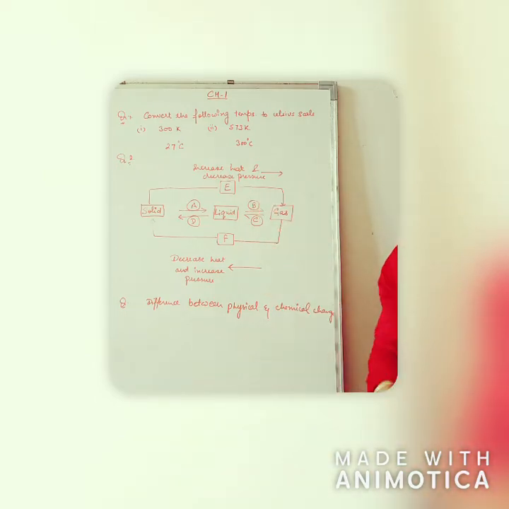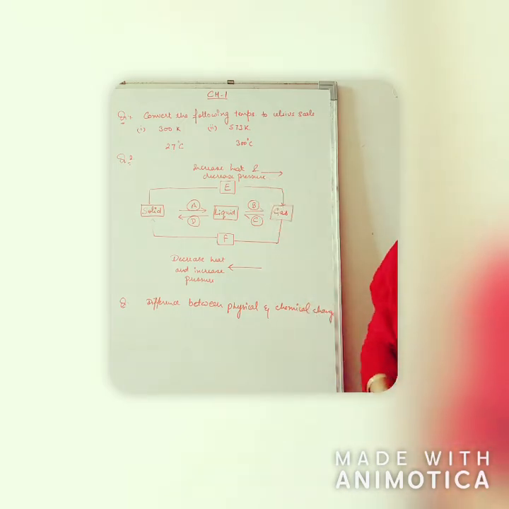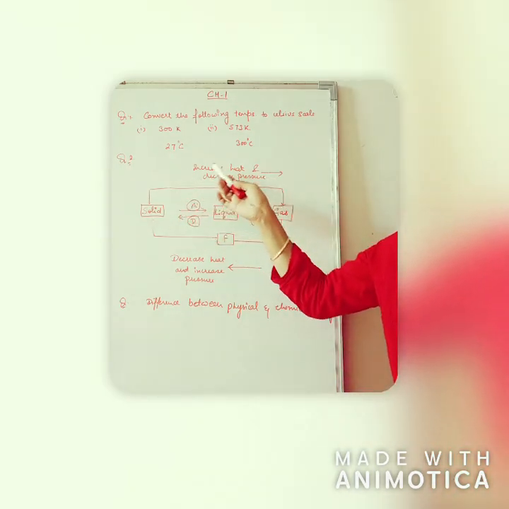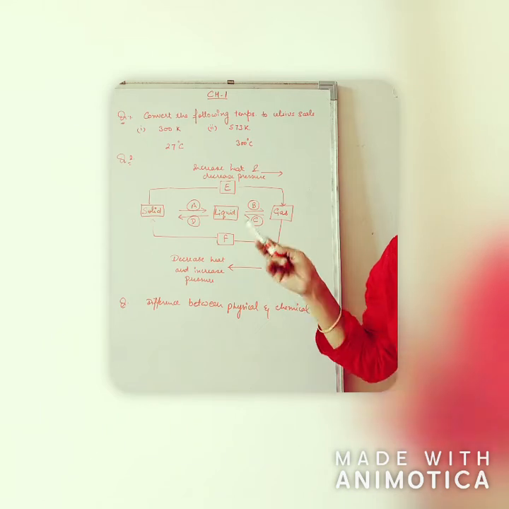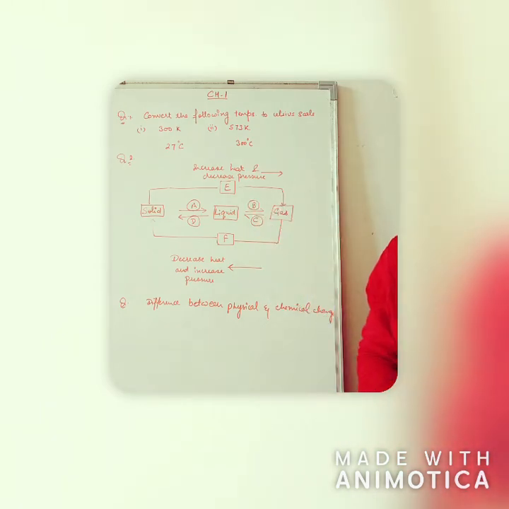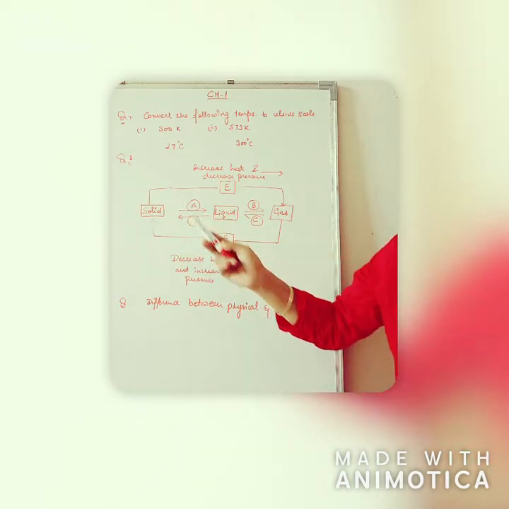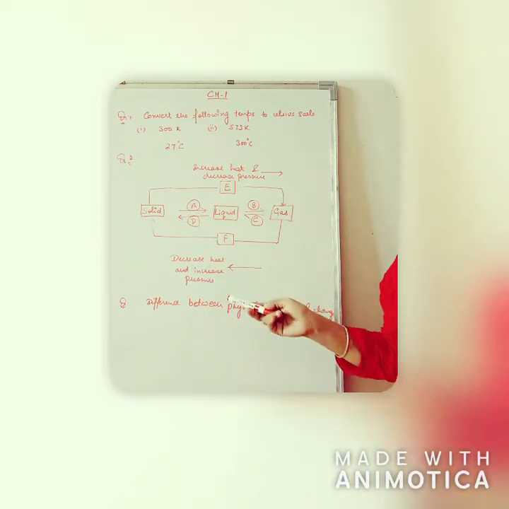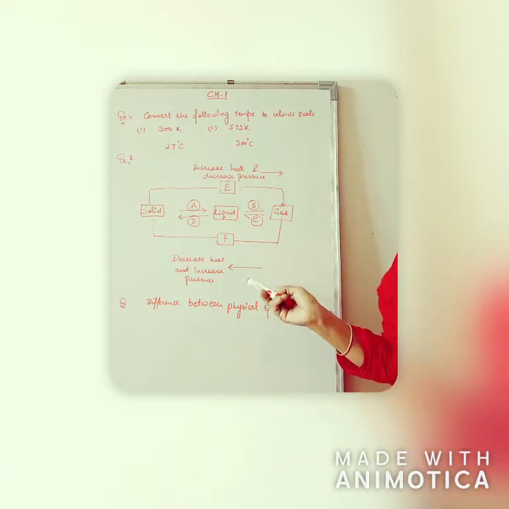Next is E. Again in E, by increasing the temperature and decreasing the pressure, we are observing that solid is converting into gas. So here sublimation is going on. Next is gas into solid. Again by lowering the temperature and increasing the pressure, this process is called solidification.